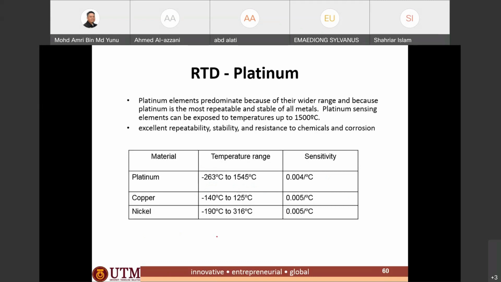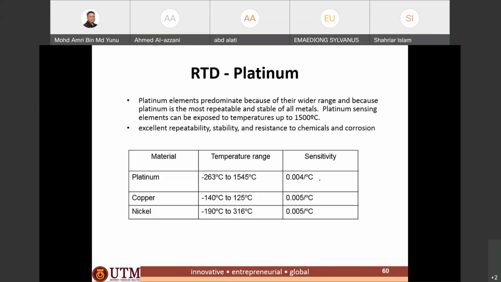For copper and nickel, their temperature range is much less compared to platinum. Even nickel's maximum is 316 degrees Celsius, and copper is much less, but their sensitivity is much bigger.